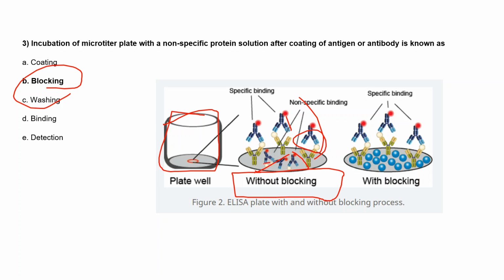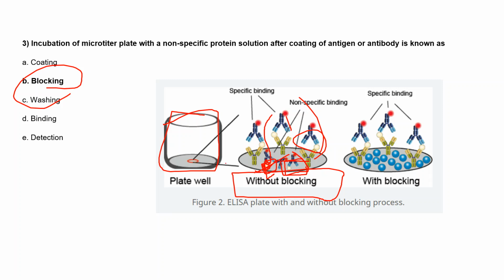This is not the particular protein which we want to detect. So their binding is non-specific; they are binding to sites which don't even require it. Even this particular protein has some peptides which may be similar, so these antibodies bind to it. This is a kind of non-specific binding which will give false signals.